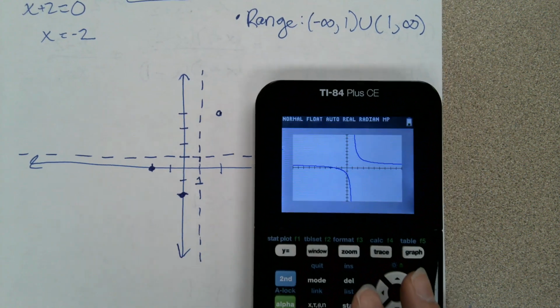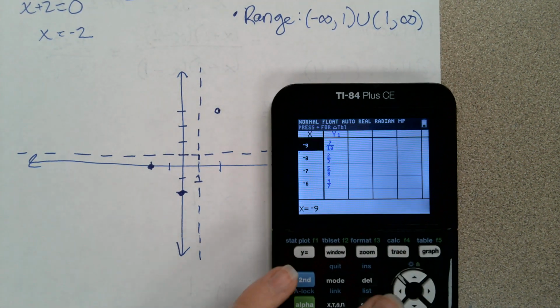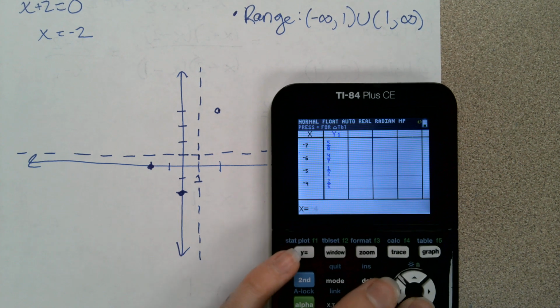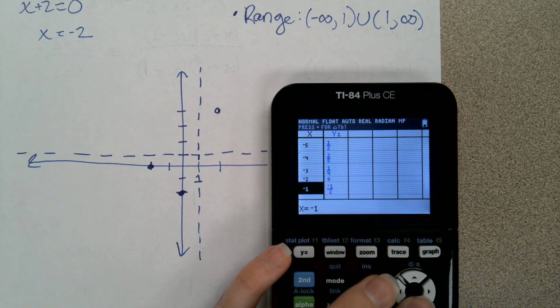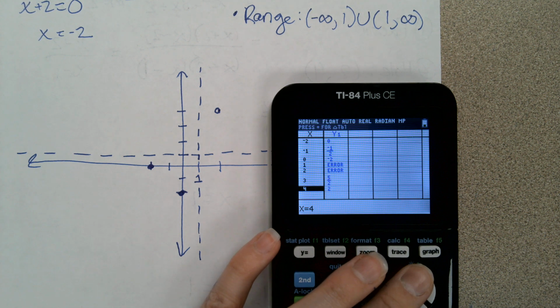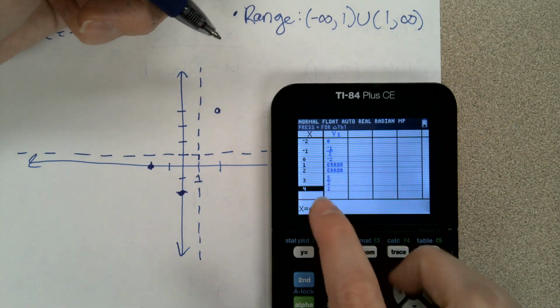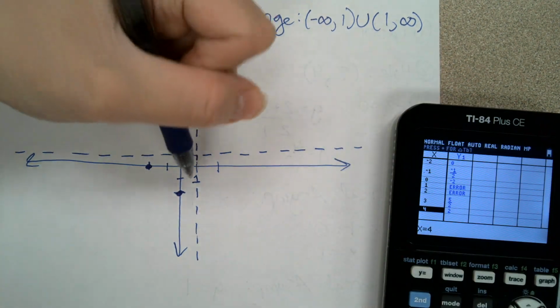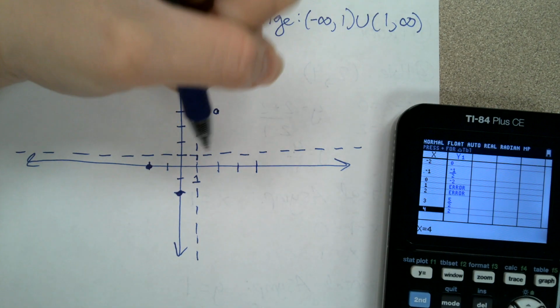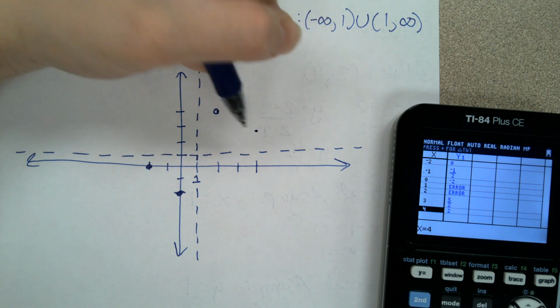So there's our graph. And let's try to find another point on this table. Oh, (4, 2). (4, 2) is a point. Let's do that one. 1, 2, 3, 4. Oh, (4, 2).